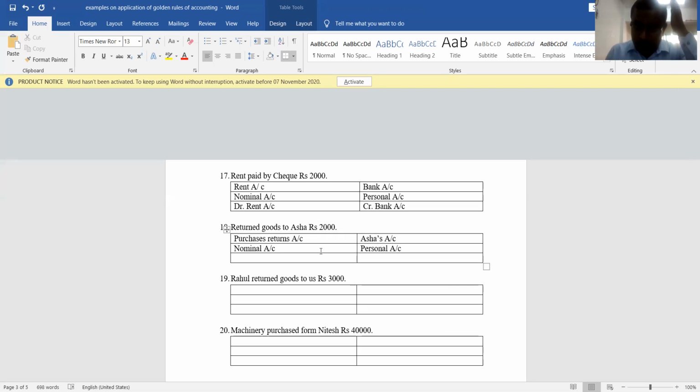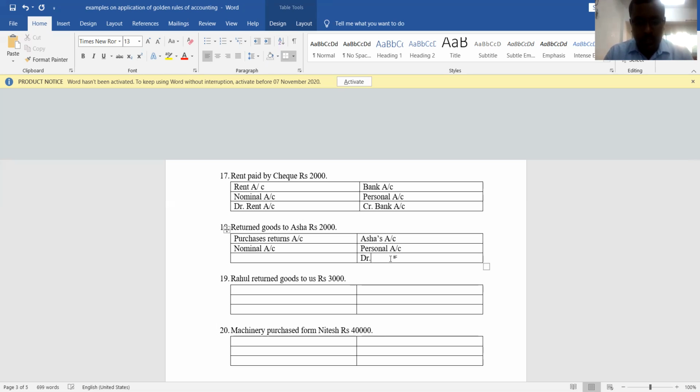See here, if one of the two accounts is a personal account, it is not at all difficult to decide which rule is applicable. Just check whether that person is the receiver or the giver. Here, returned goods to Asha means Asha is receiving those goods.